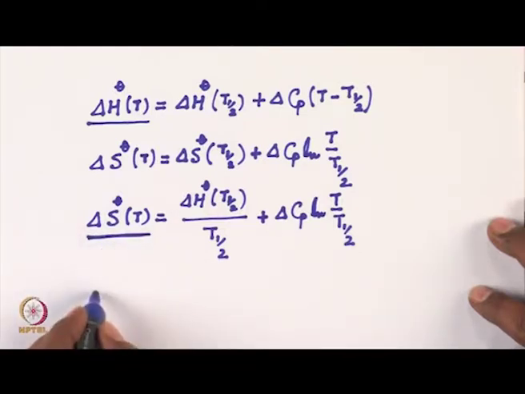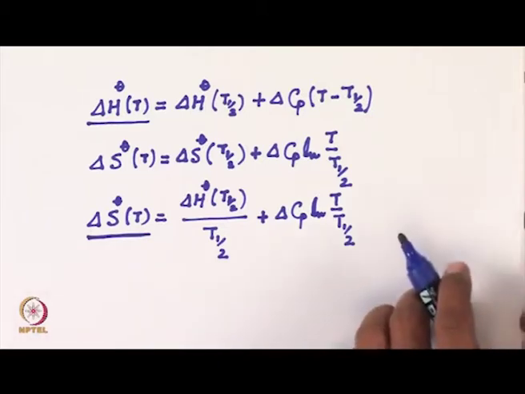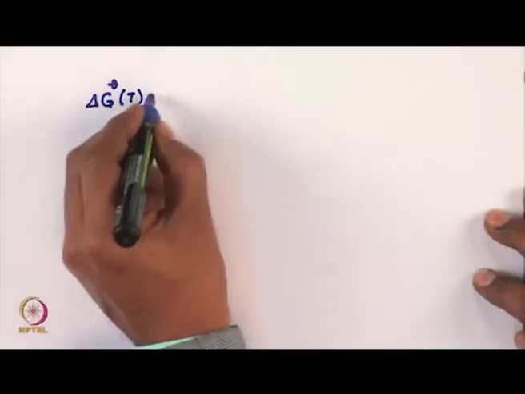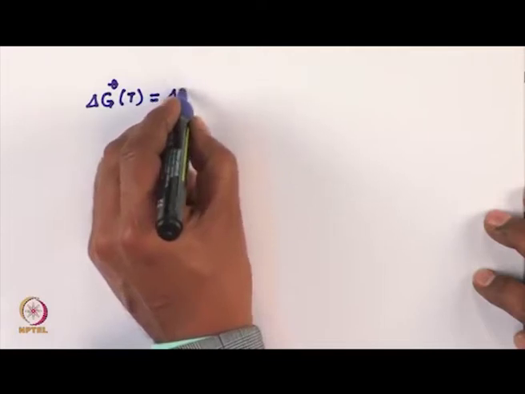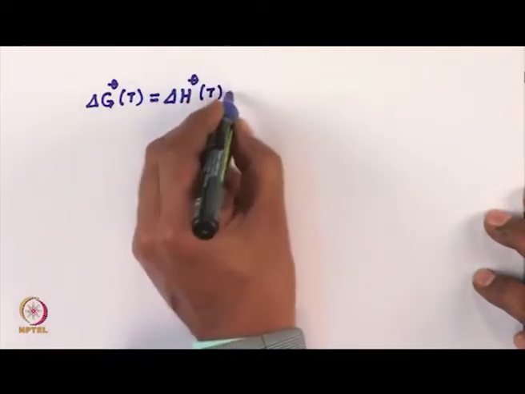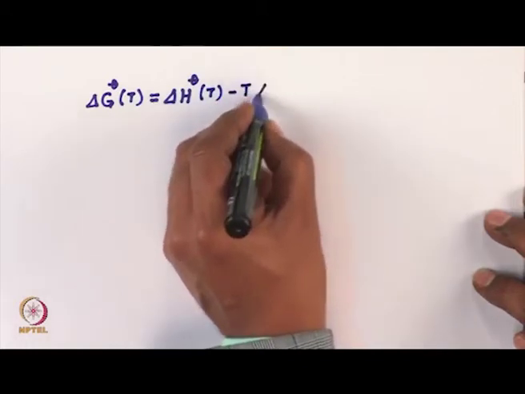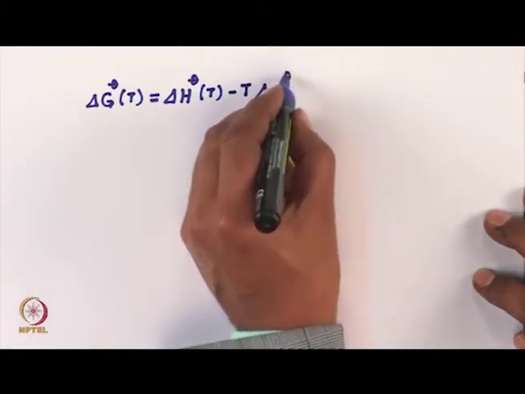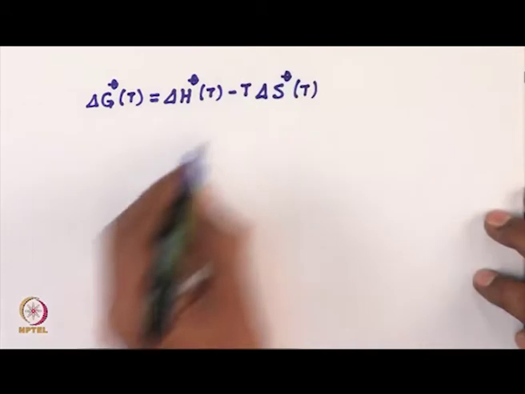Let us now do it on a next sheet. So delta G naught at any temperature T will be equal to delta H naught at that temperature minus T delta S naught at that temperature.